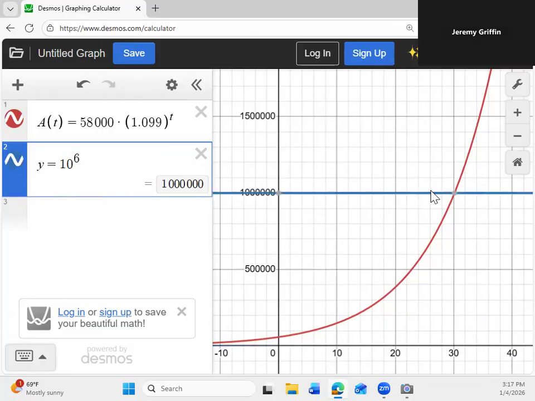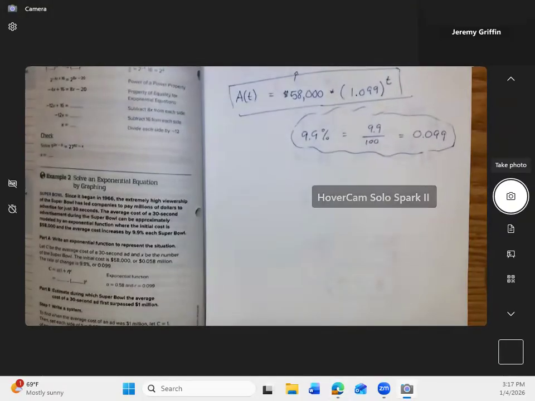Yeah, here you go. And see where they intersect. Ah, there it is, 30 point something years. So in 1996 it's just a little bit less than $1 million. But the following year, 1997, we've broken $1 million per 30-second ad. So the late 90s, we're finally hitting $1 million ads for the Super Bowl, according to this expression.